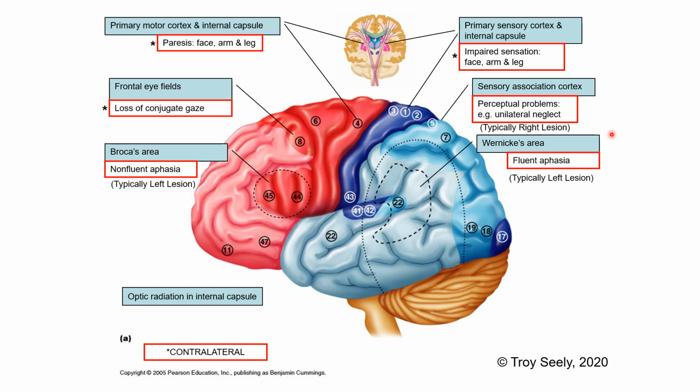We also have some optic radiation in the internal capsule, which would result in a particular presentation known as homonymous hemianopia. We're going to be talking about that in a few other slides as well. But let's appreciate that there's a multitude of different aspects beyond just sensation and motor restriction affiliated with this particular presentation of stroke.